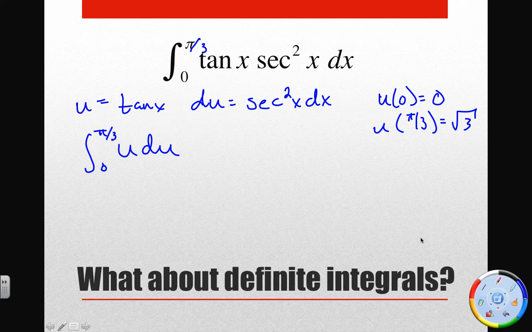Instead of using any more substitution here, if I would have done this correctly, instead of going from 0 to pi thirds, I'm going to just stick with u and say, okay, from 0 to root 3. So using new indices, I can say this is u squared over 2 from 0 to root 3.